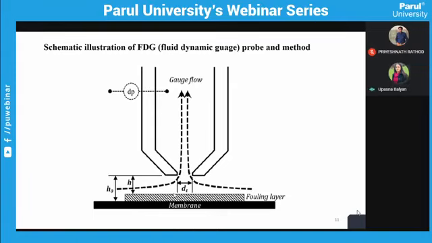So this is the technique, which is not very difficult to understand, not very advanced. You have this probe which is coming in contact with the fouling layer, and when it comes in contact with the fouling layer, there is a pressure drop enhancement, which is dP, and you can plot the graph of dh0/dt versus dP, which is your pressure.